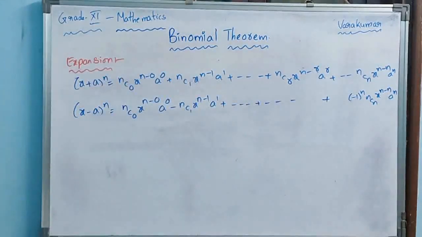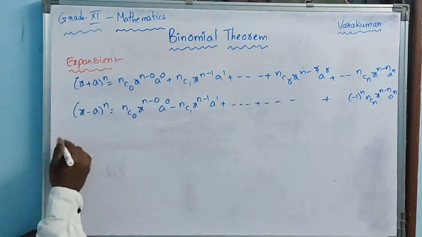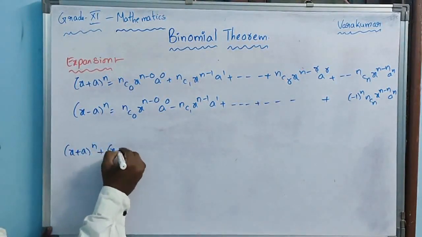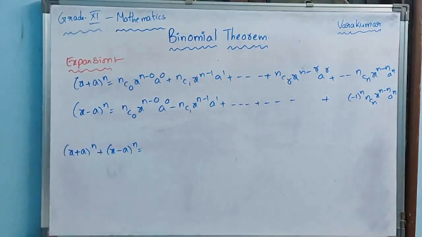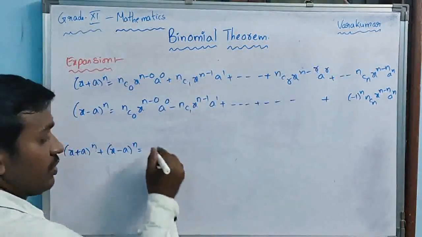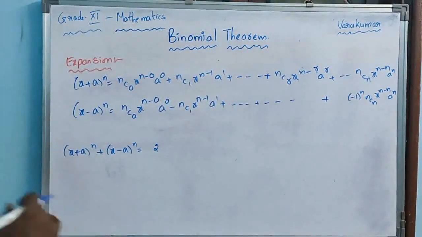It's clear. Now when we do the addition, (x + a)^n plus (x - a)^n, the alternate negative terms cancel themselves.